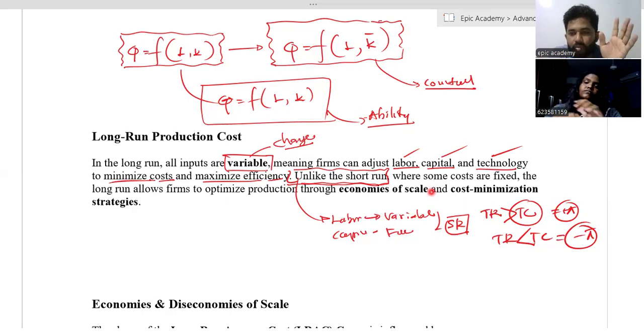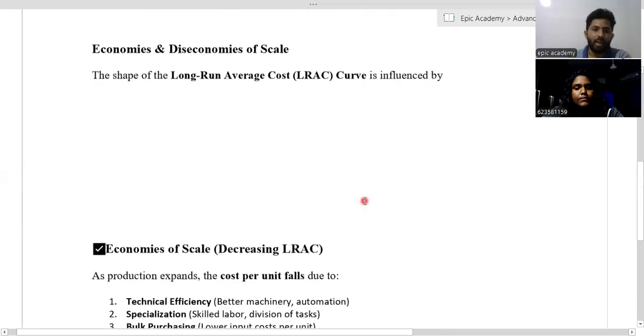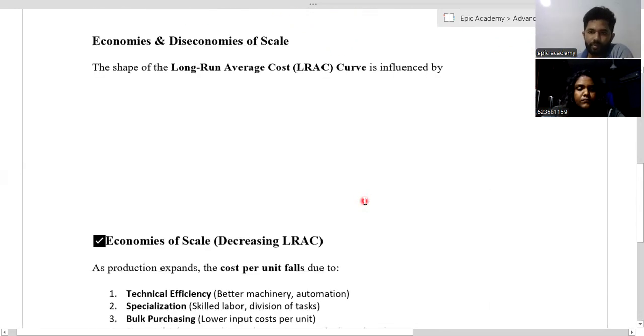When fixed factors are available, you try to increase the variable factor to increase the production. But at a certain point, increasing the variable factor reduces the total production. That's the meaning of diminishing marginal returns. It belongs to the short-term theory. But in long-term theory, you have to identify the economies of scale. Okay, don't worry about that. I will describe economies of scale.